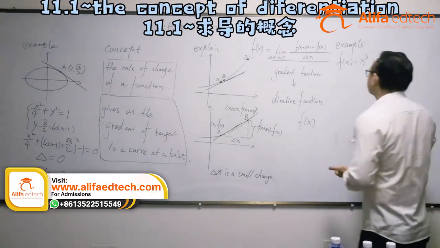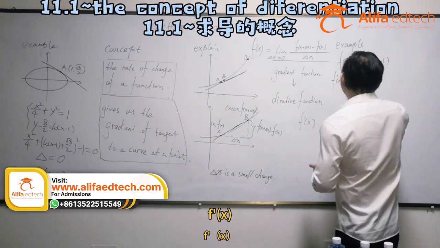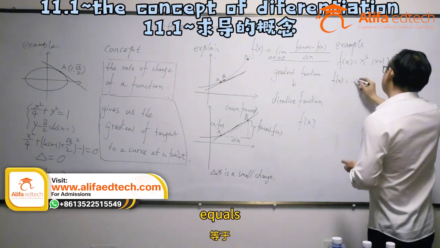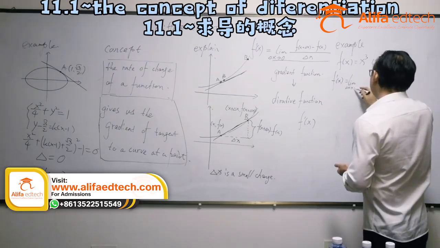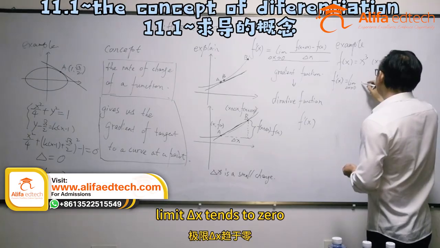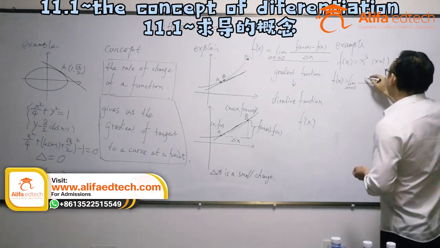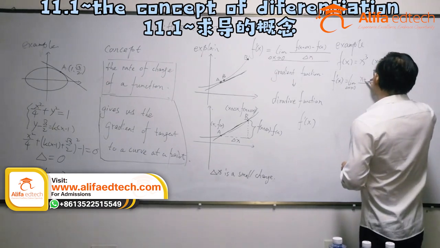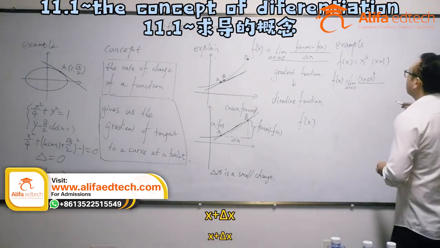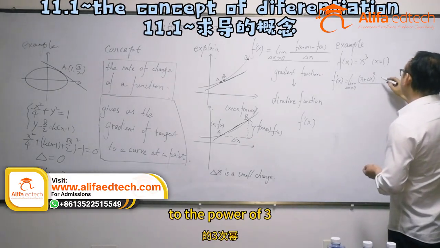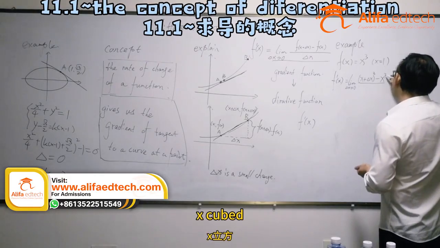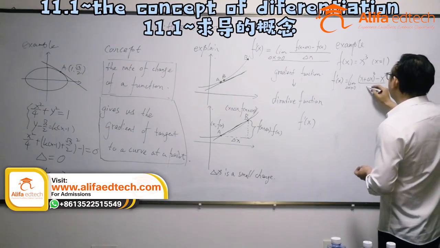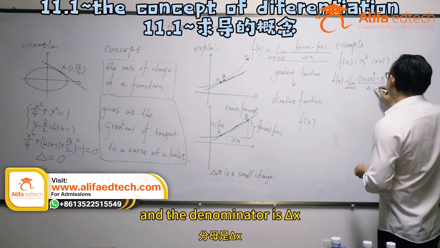So f prime x equals the limit as delta x tends to 0 of x plus delta x to the power of 3 minus x cubed, and the denominator is delta x.